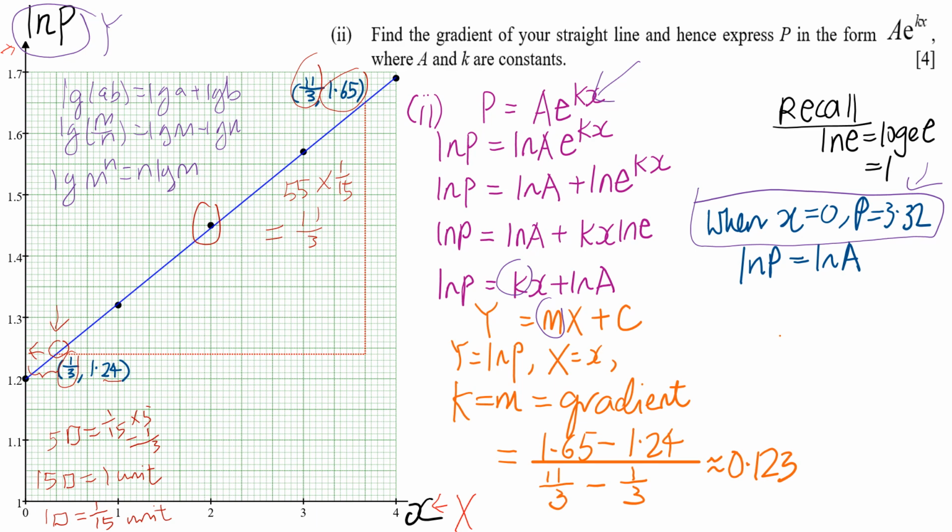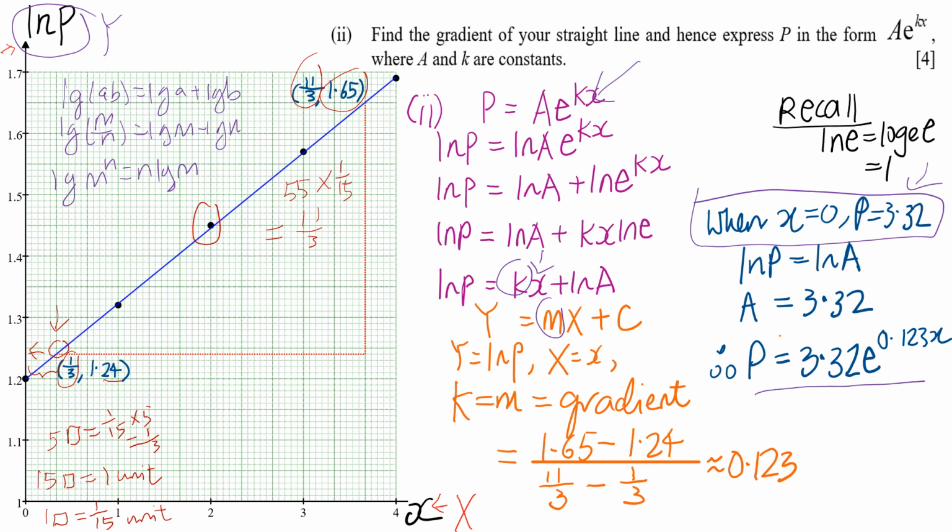So from there, ln P is equal to ln a. Why does ln P equal ln a? Because you just substitute x to be 0 here, so k times 0 is 0. So left only ln P equals ln a, so P is equal to a, which from the table is 3.32. Then you substitute everything into the original equation, and that is how you find the answer.